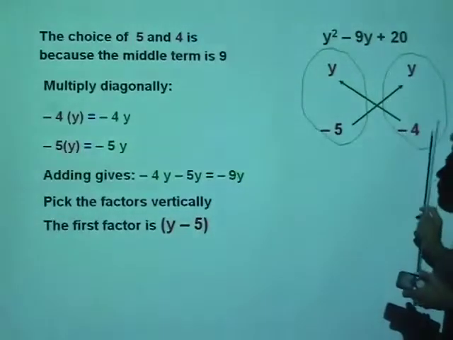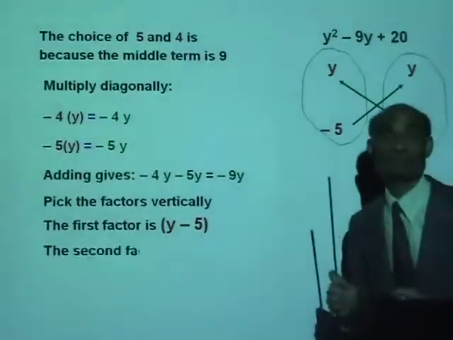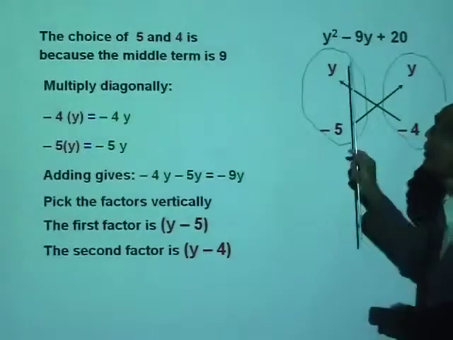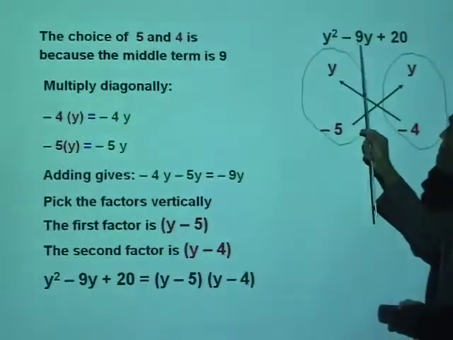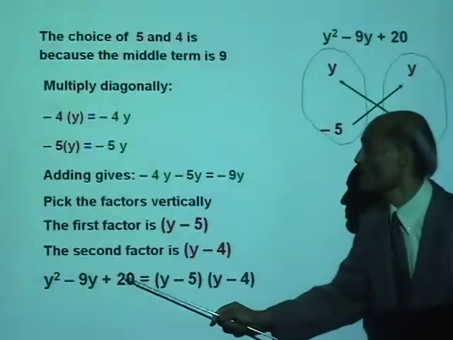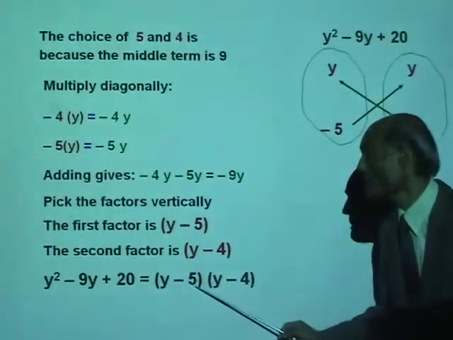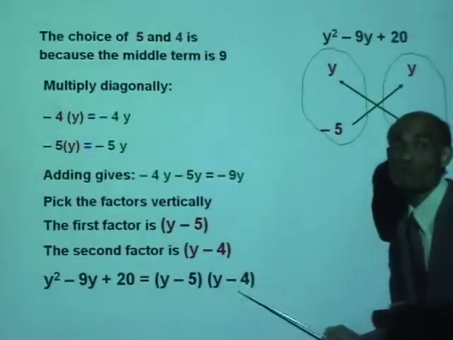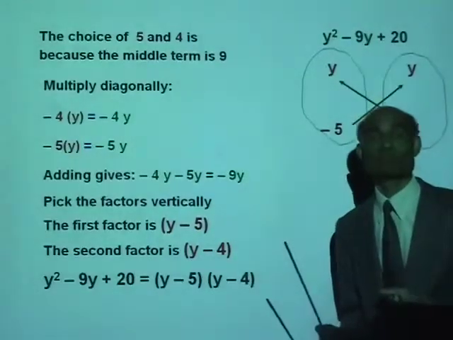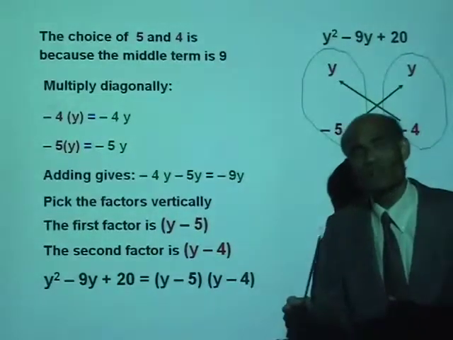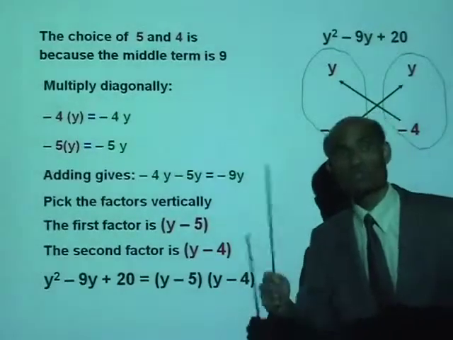Y minus 4 is the second factor. And therefore, this polynomial y squared minus 9y plus 20 is factored as y minus 5 times y minus 4. Now, is it getting easier? Well, let's do another one.